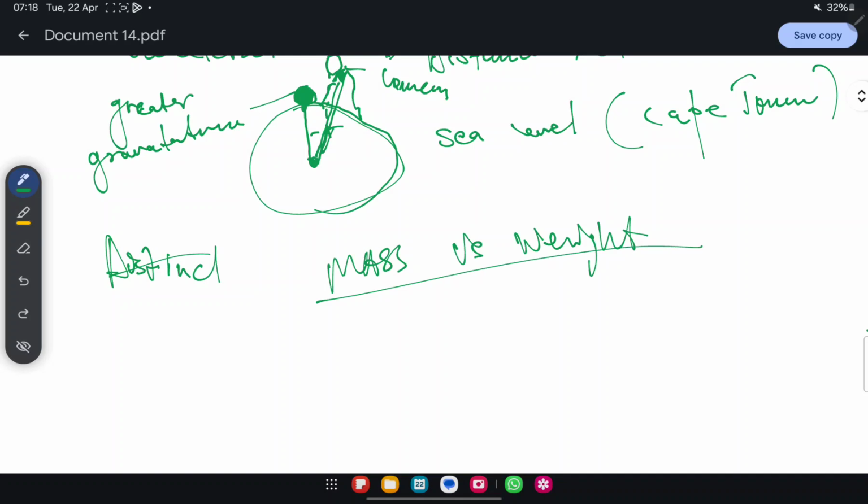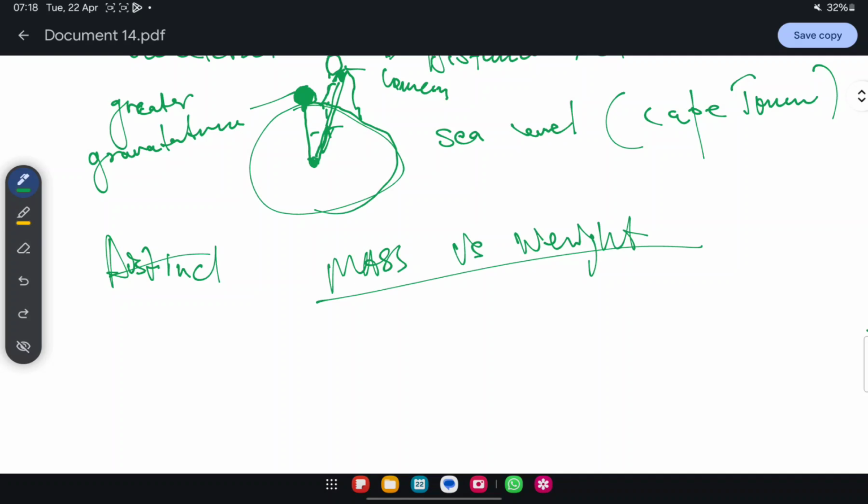What is mass? From primary level, we know that mass is the quantity of matter of an object, which means the amount of matter an object has. So it remains constant throughout the universe because it's the amount of matter.